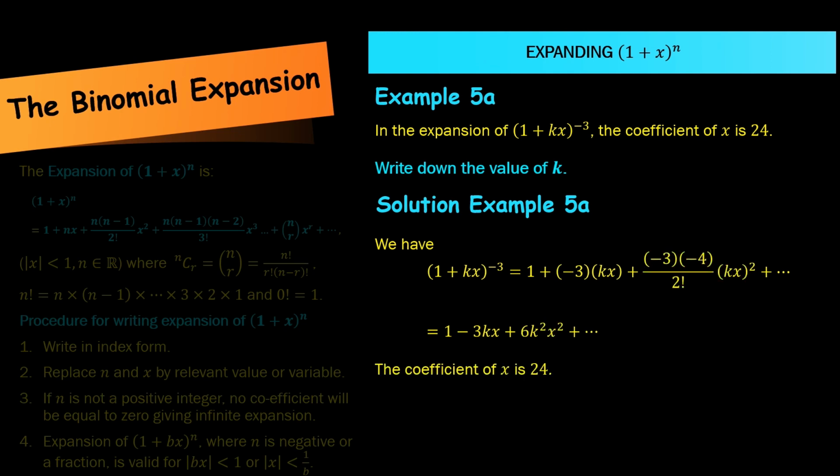Since the coefficient of x is 24, we have that minus 3k is 24. Implying that k is equal to minus 8.